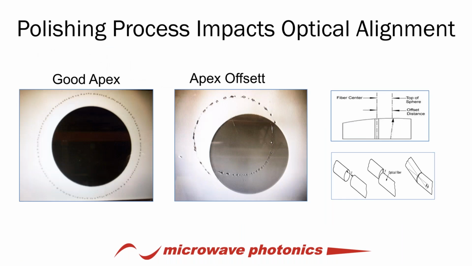But here is where you can really see a good apex versus an apex offset. This is a moisture ring, which happens when you insert solution into a connector for cleaning and you don't get rid of it. But what you'll see is a big offset between these two connectors.